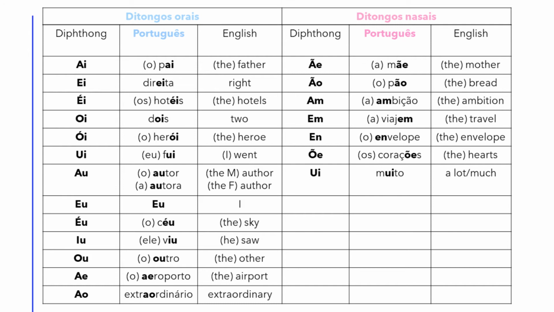Eu, o céu, the sky. Eu, ele viu, he saw. O outro, the other.